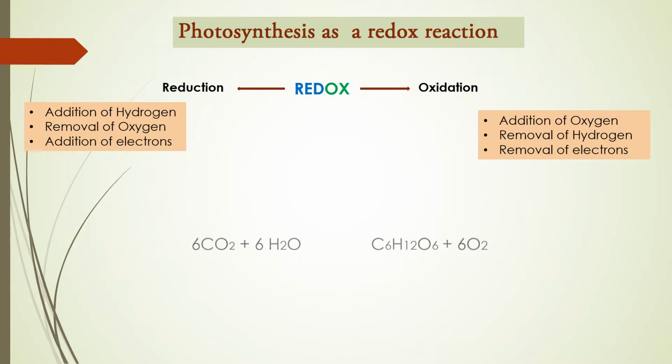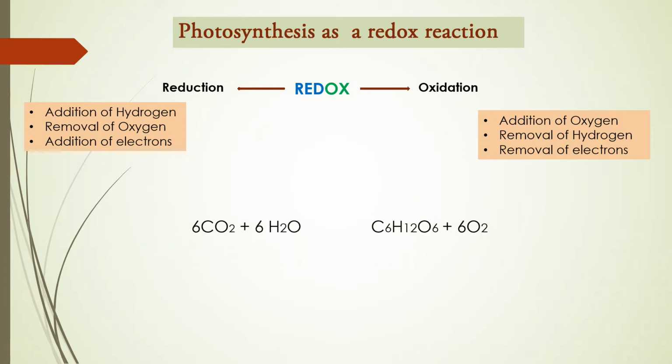So what's the case of photosynthesis? In photosynthesis, we know carbon dioxide and water are the reactants. Here, carbon dioxide is getting reduced or undergoing reduction to form glucose, while water is getting oxidized to form oxygen.